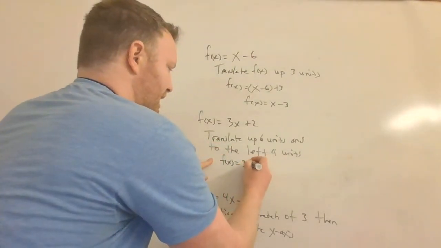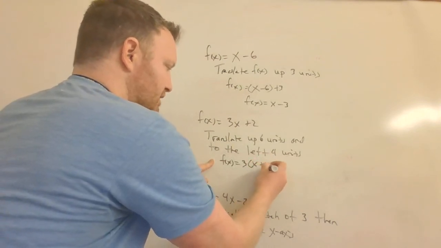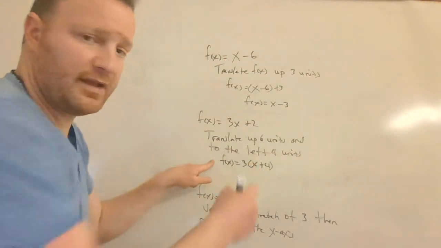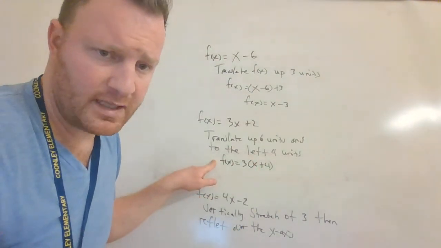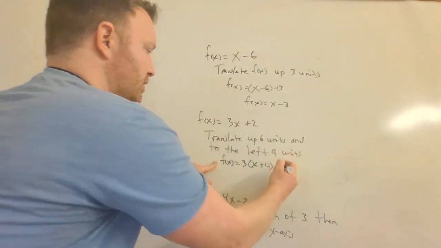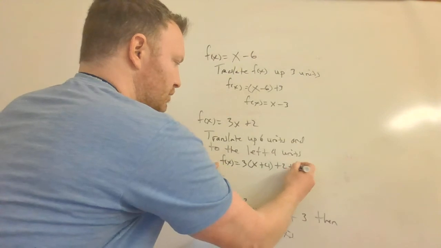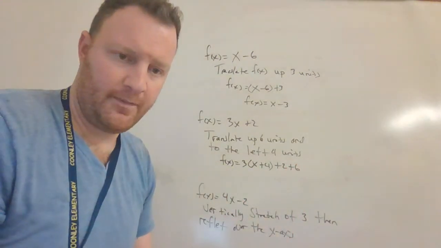So I'm going to do 3 on the outside, and to the left 4 units is x plus 4. It's always the opposite on the inside. And then I still have the plus 2, and I still have to translate up 6 units: plus 2, plus 6, okay?